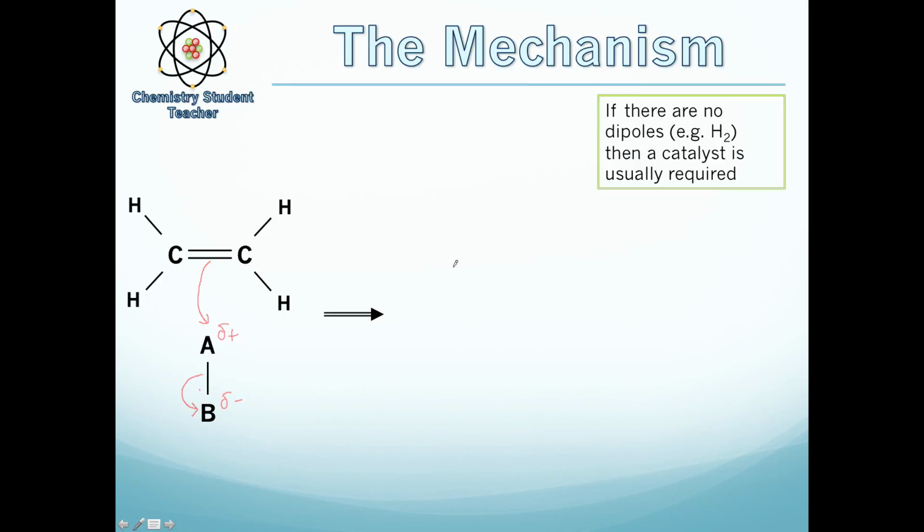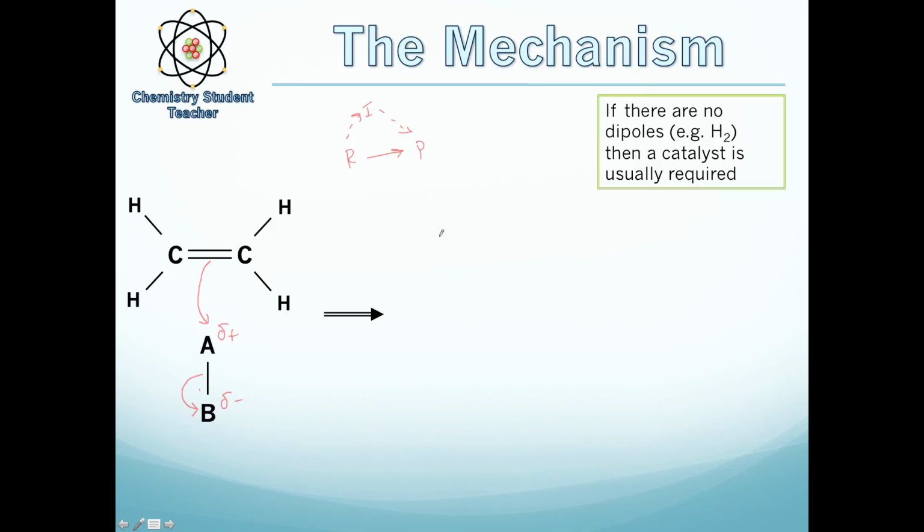If you don't know what these curly arrows and the delta symbols are, then go back to the basic mechanism video I made earlier and it explains all that. So this then forms an intermediate. If you remember from the basic video again on reaction pathways, you haven't just got reactants going to products, you have these intermediates before you get to the product.